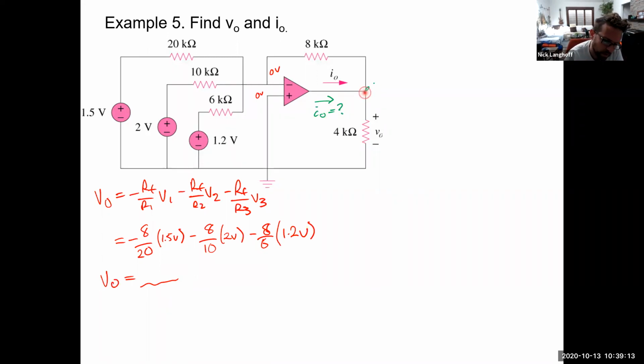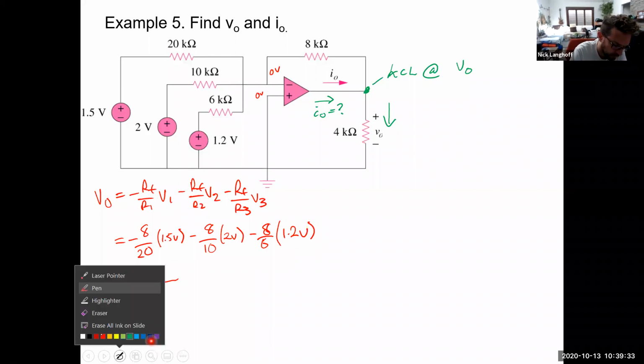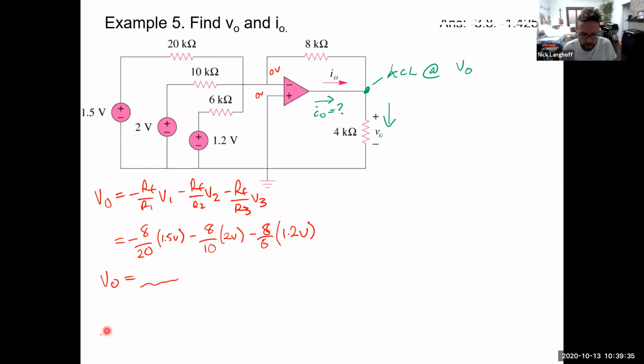Now what you need to do is do a KCL at V out. If you know V out, you know how much current is flowing through the 4K, right? Just for discussion's sake, the answer is V out is -3.8 volts.